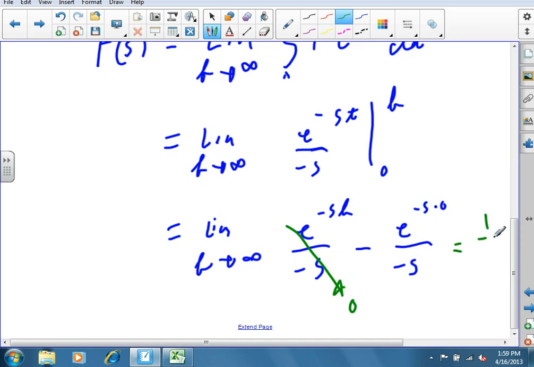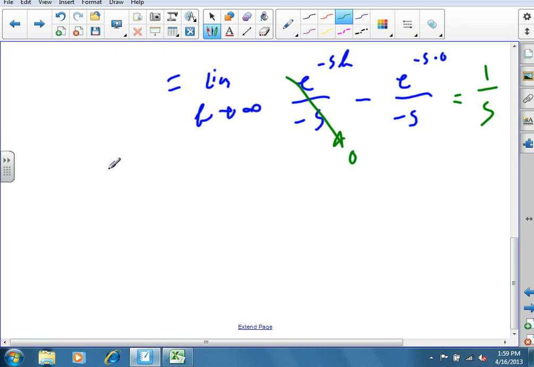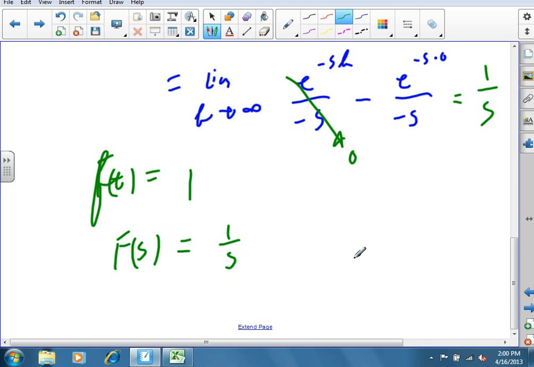This becomes 1 over s. So if f of t were 1, then the Laplace transform would be 1 over s. And Laplace transforms are linear, so if f of t was equal to 2, then the Laplace transform would be 2 over s, because I could bring that 2 out of my integral sign without any problem.